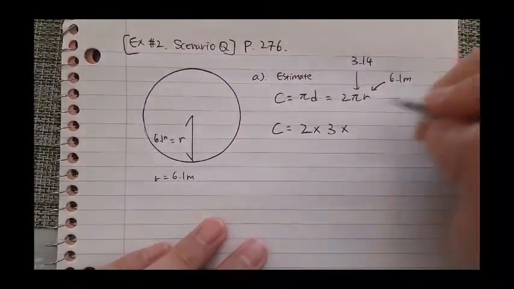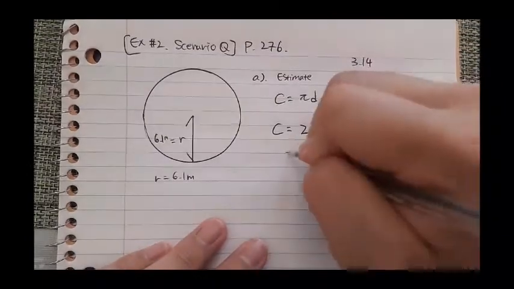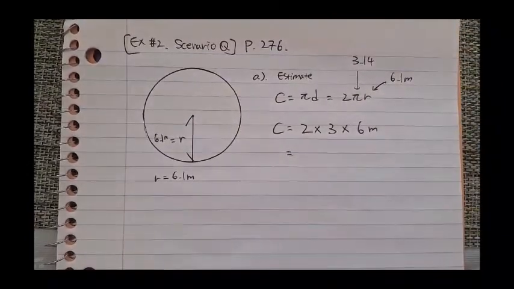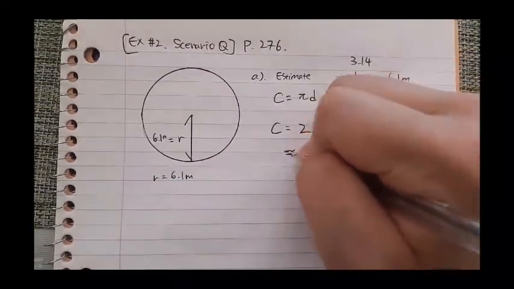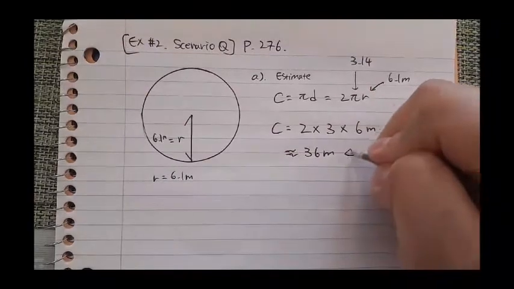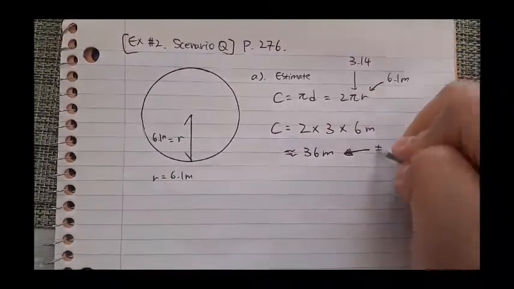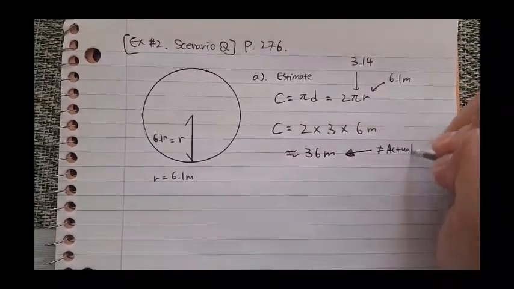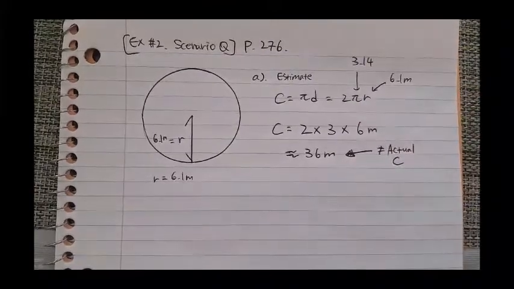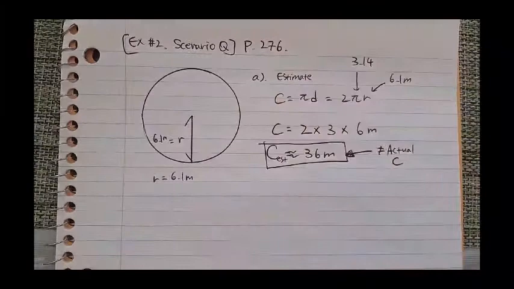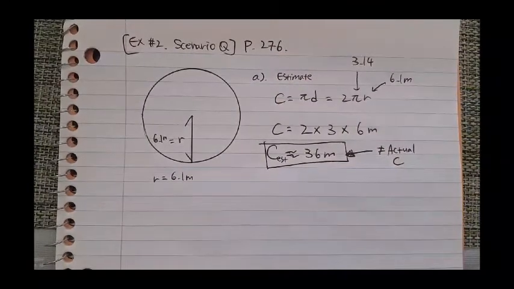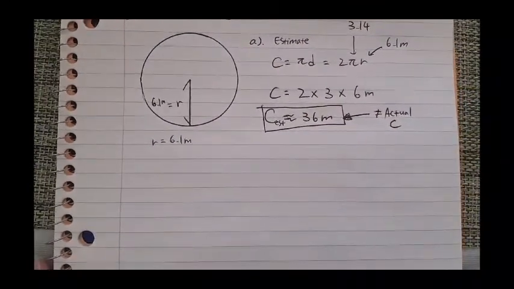Instead of r, 6.1, that's around 6 meter. So basically it's 2 times 3 times 6. So 3 times 2, that's 6. 6 times 6, that is around 36 meter. Is this an actual answer? No, it's not. But it's an estimated circumference. Whenever you see an estimating question, that's what you can do.